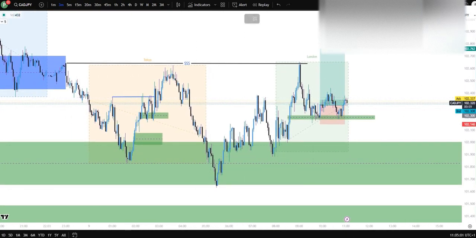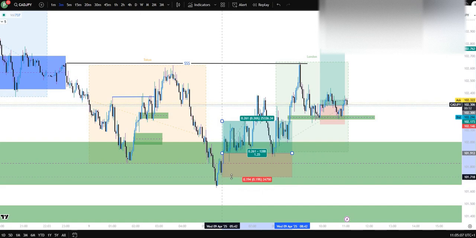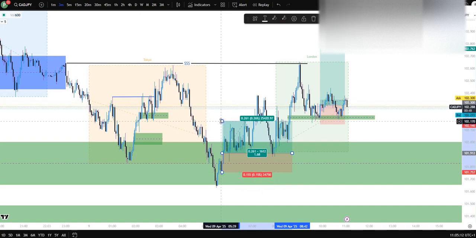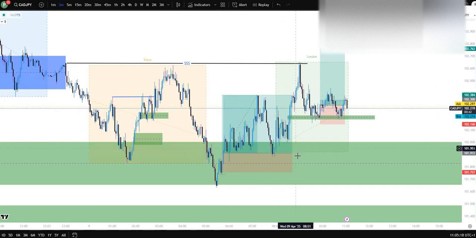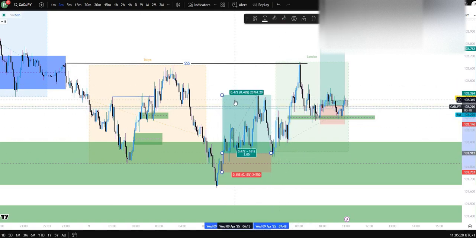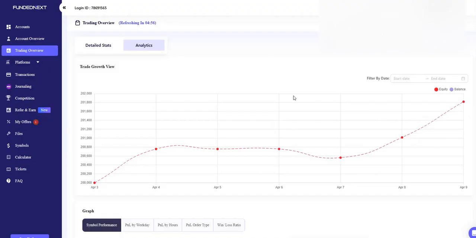We have closed below, so this could have been a nice entry there. I think the SL is a bit too tight, but still it's going to save me in the long run, because if I do get the move, it's going to move nicely.